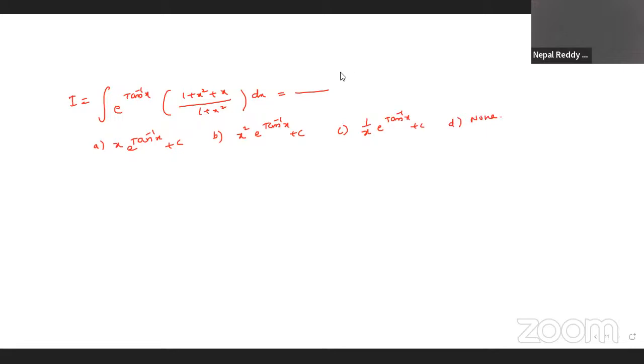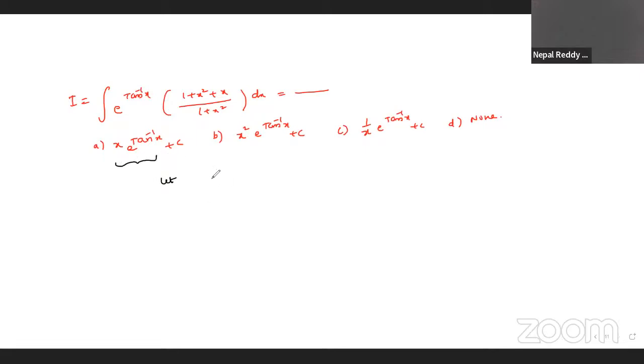See here. First, let us suppose that if you select the first option, then what happens?